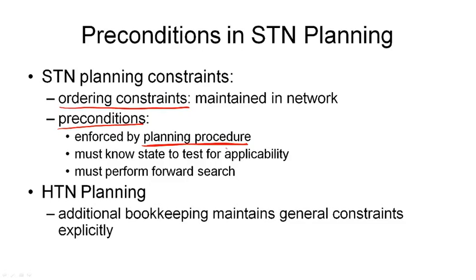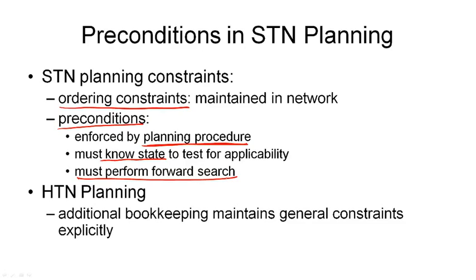And to be able to enforce preconditions, the planning procedure had to rely on knowledge of the state before a method or an action was applied. So we must know what exactly that state is to be able to test for applicability. And that means we must perform forward search because of the way we've represented preconditions as part of methods in our approach.